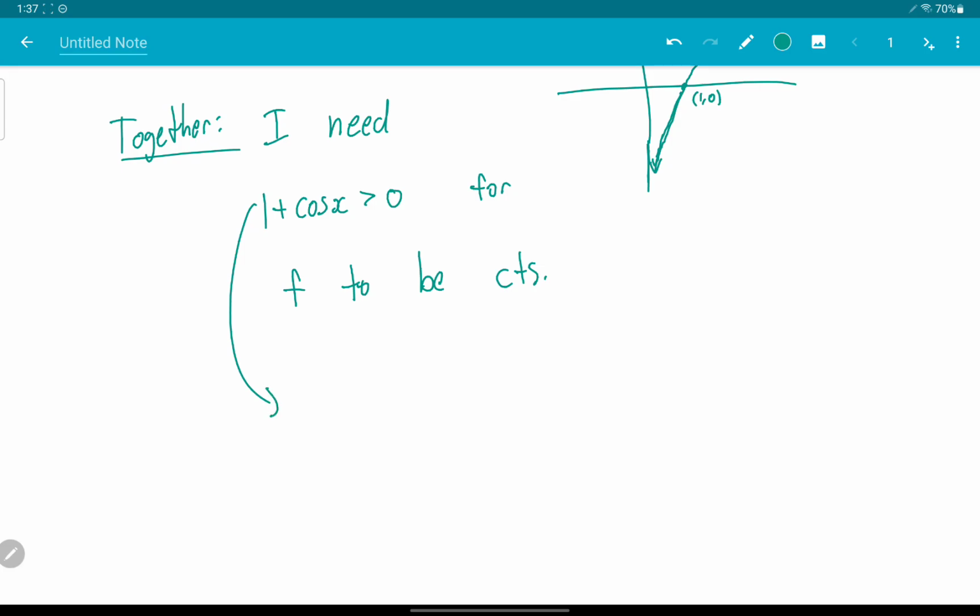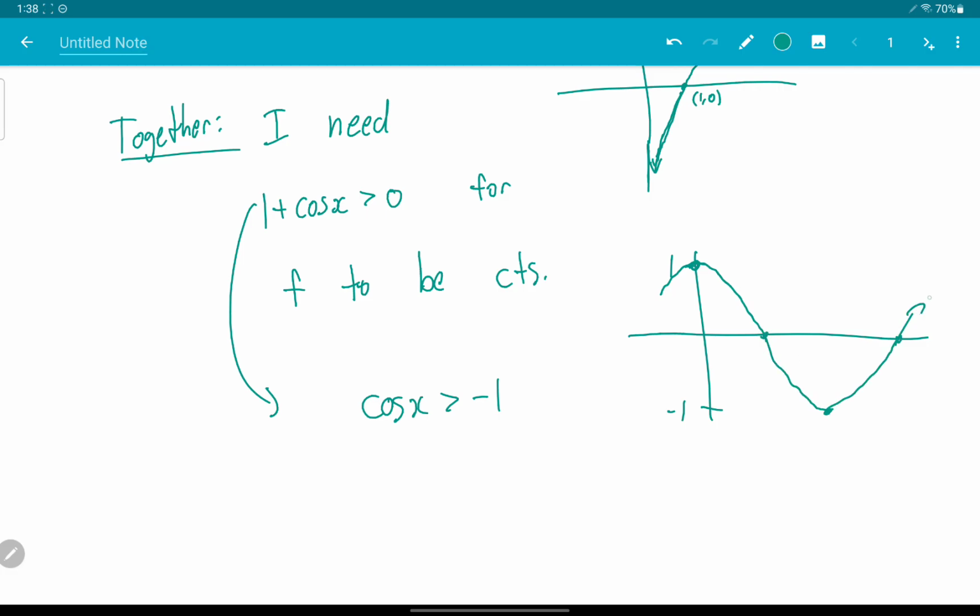What does that look like? Well, cos x would be greater than -1. When does that happen? Well, most of the time, actually. If we look at cosine again, here's -1, here's +1. It goes through this point, goes through this point, and then down here goes through this point. It's going to continue waving in both directions forever.